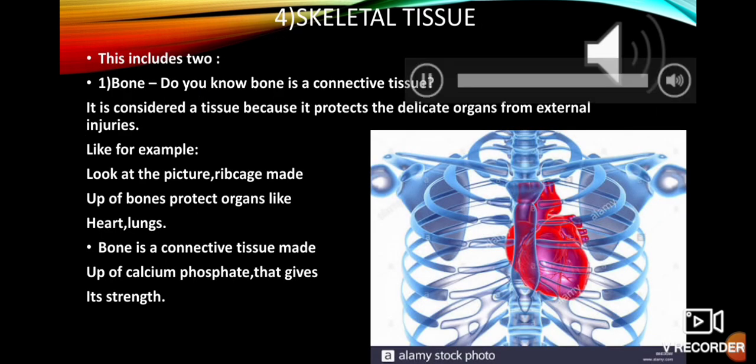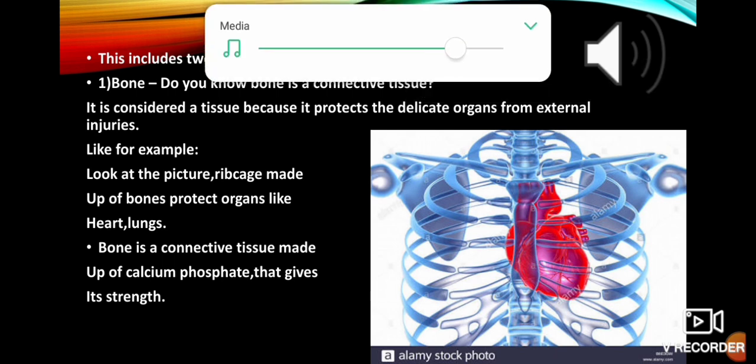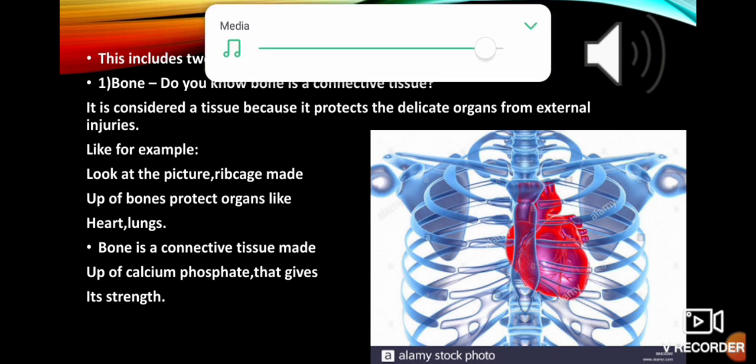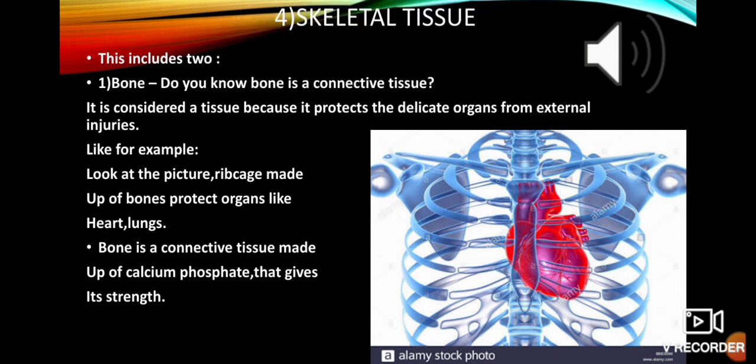We are going to deal with the third type of connective tissue, skeletal tissue. Now, have you ever imagined what the bone is made up of? Bone is actually a tissue. It is a connective tissue. And you are well aware of the function of the bone. It protects the body. Here I have given one picture to help you understand what the bone actually does.